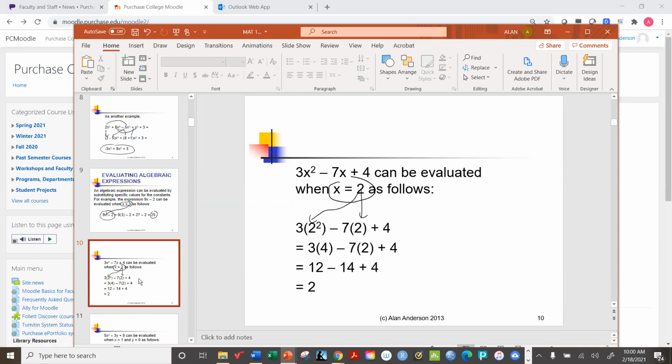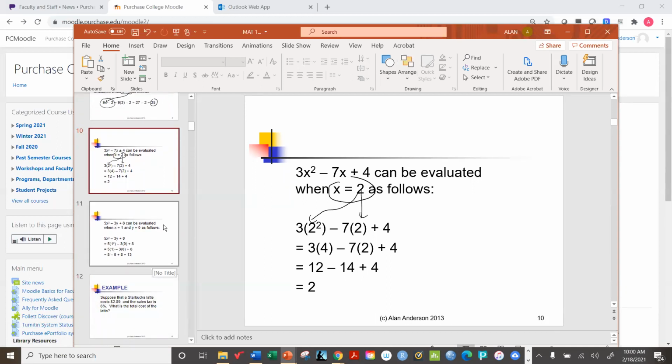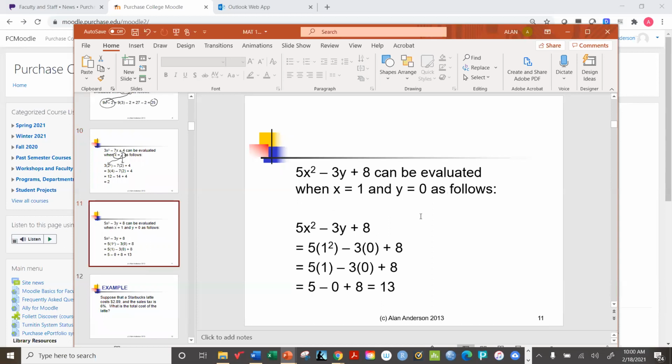All right, one more. This one's a little different because, well, you'll see right away why. Look what happened here. You've got 2 variables, and that can actually happen. If that happens, you must supply a value for both x and y. So you replace all the x's with 1 and all the y's with 0, and you will wind up with a result.